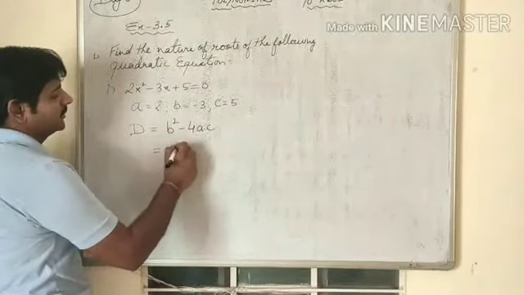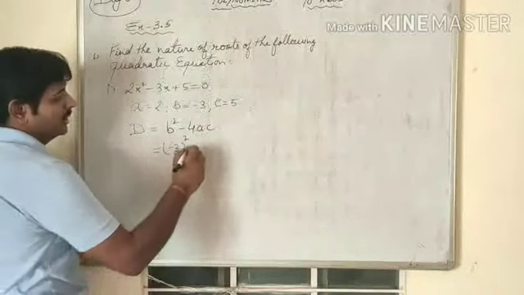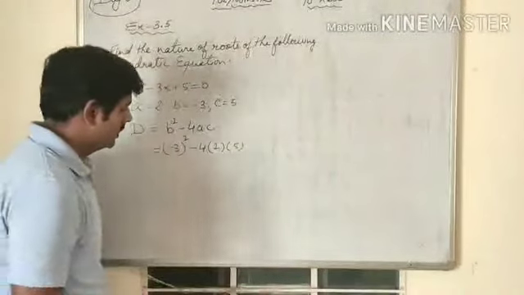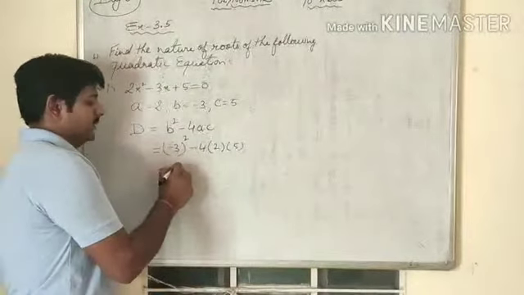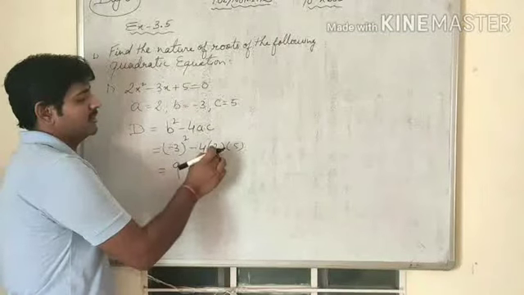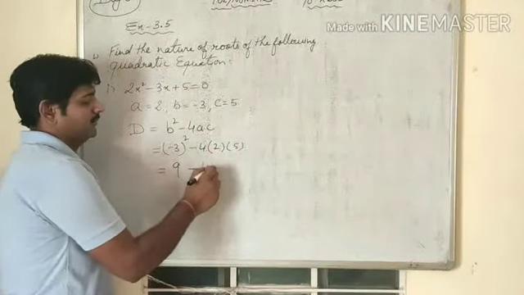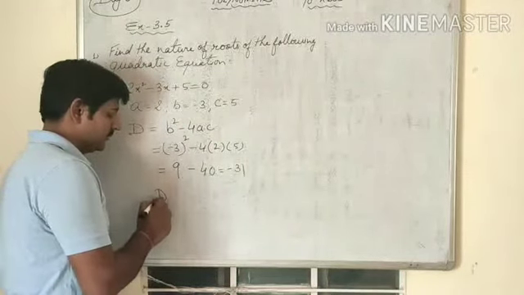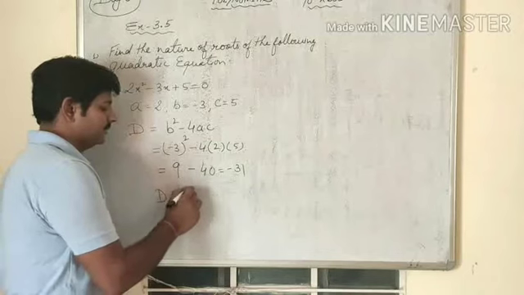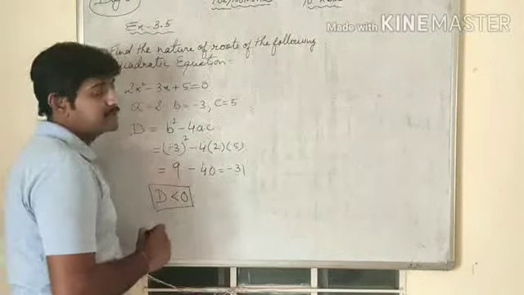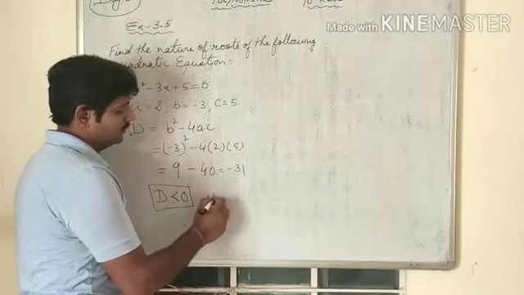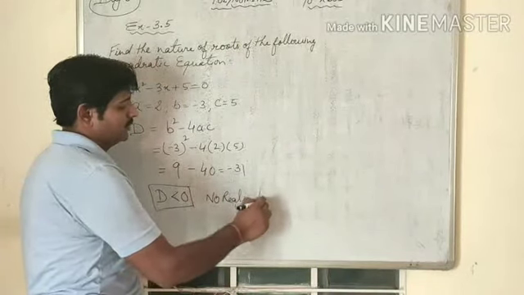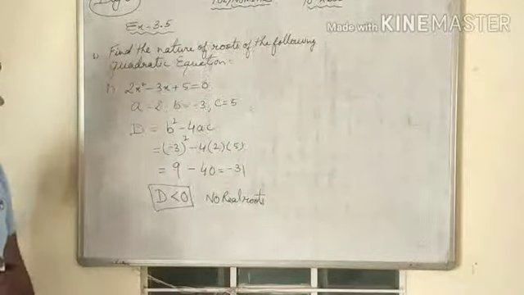B is minus 3, squared, minus 4 into A into C. Square of 3 is 9. 4 2s are 8, 8 5s are 40. We get minus 31, so D is less than 0. If D is less than 0, there are no real roots. This is the first part.